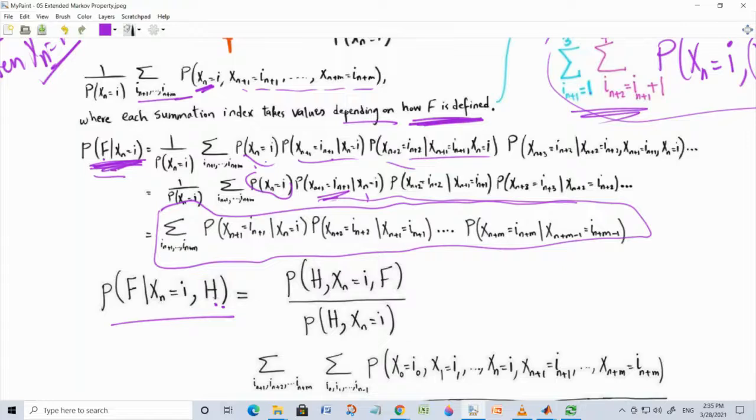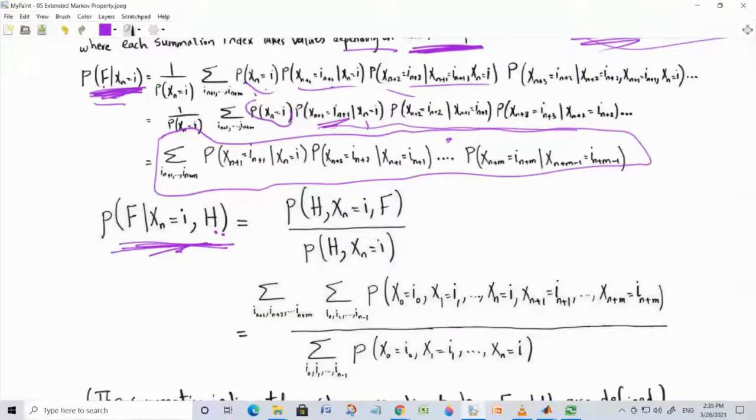If we can show that this conditional probability is also given by this summation here, then it is exactly equal to the probability of f given x of n is equal to i, and hence f and h are conditionally independent given that x of n is equal to i. Okay, so let's try to do this.